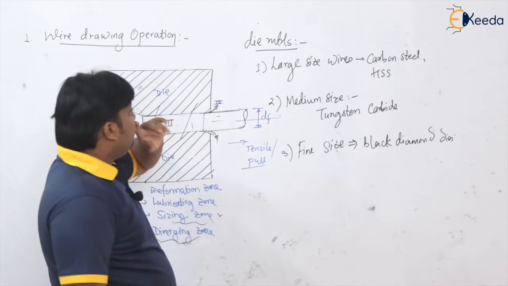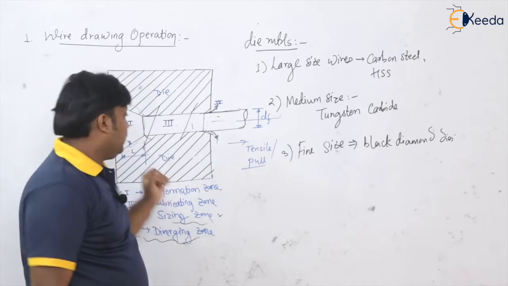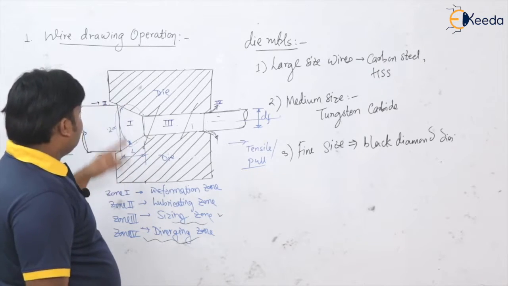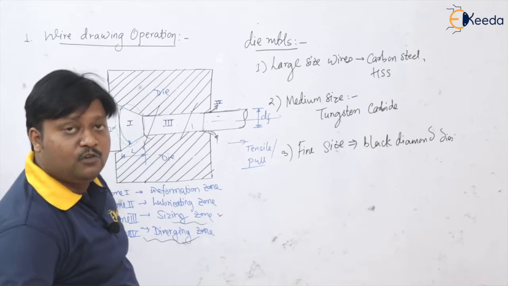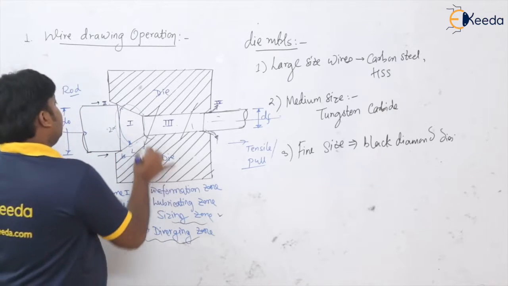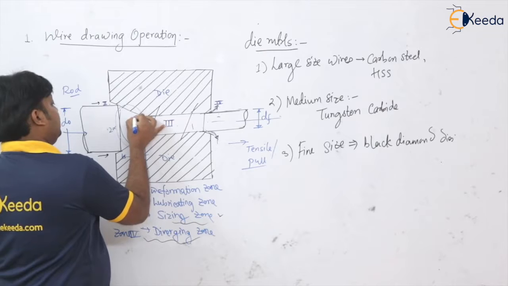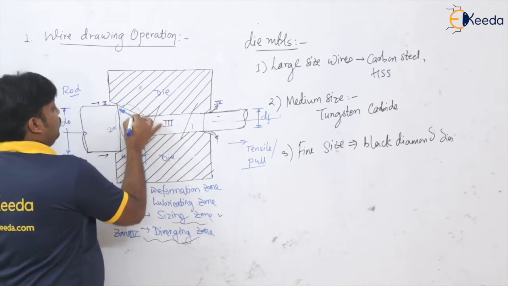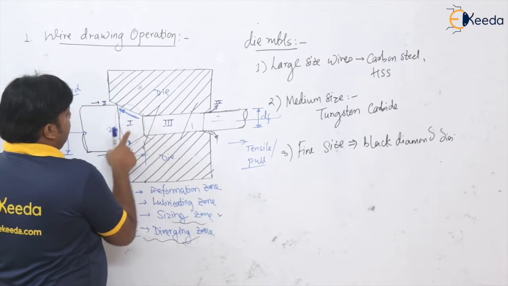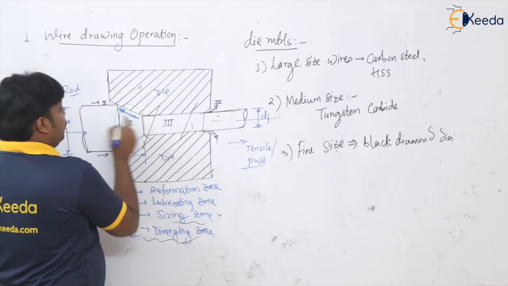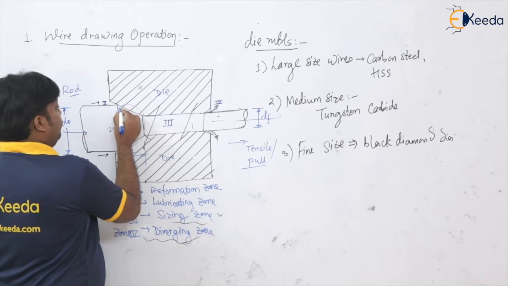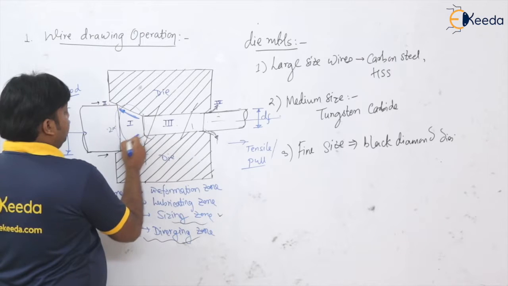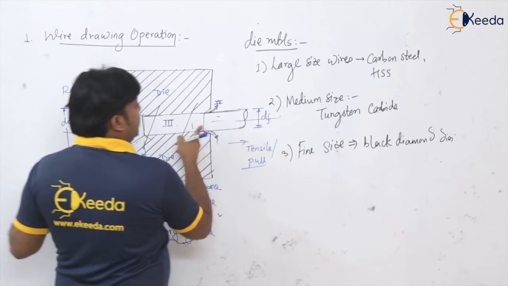Now see, one more thing that we have to discuss here. When you talk about the deformation zone, of course when the drawing is proceeding, frictional forces are going to be induced at the interface of the die material and the workpiece material. In wire drawing the frictional forces always act opposite to the pull of the draw.